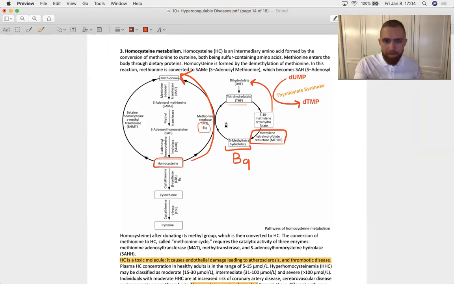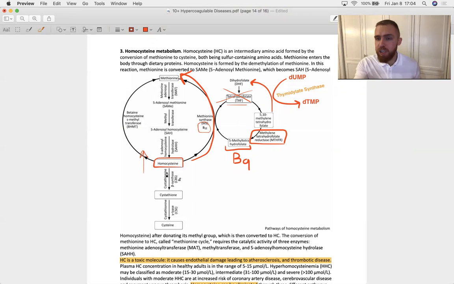So any B12 deficiency automatically is going to give you homocysteinemia. Got it? Any B9 deficiency, any folate deficiency, you don't have any folate? Okay, well then that means that even if you have B12, it's unable to get methylated. So you're still going to have a lot of homocysteine.